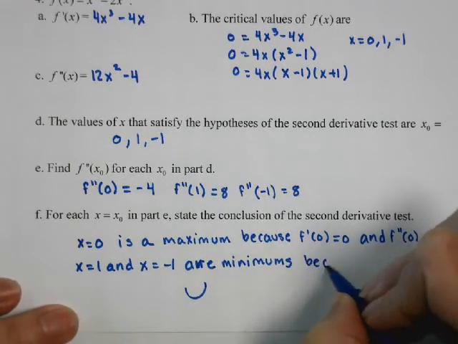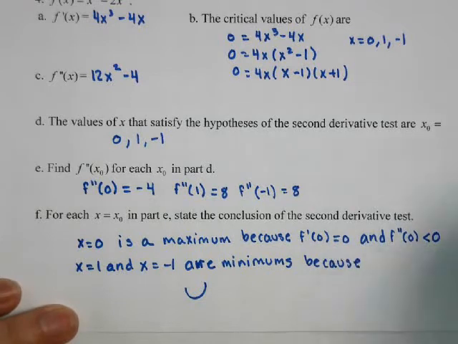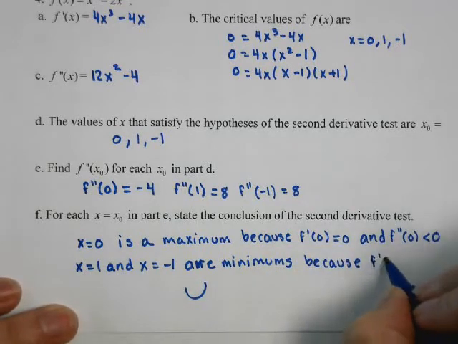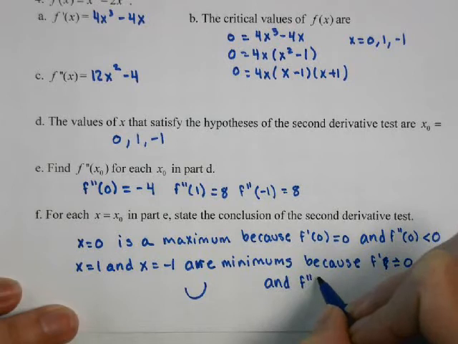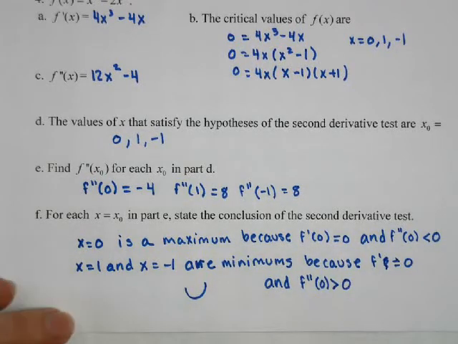Because f prime equals 0, and the second derivative was greater than 0.